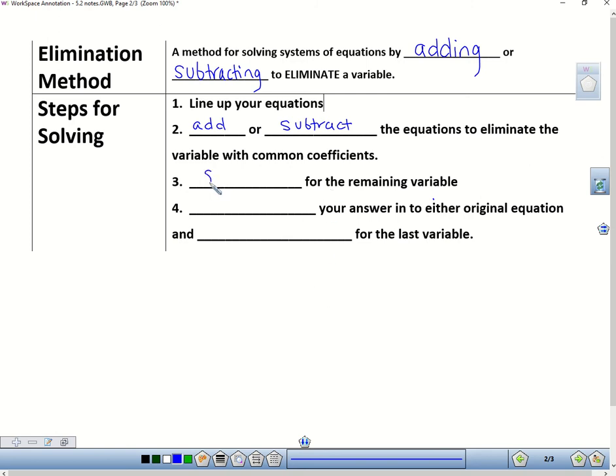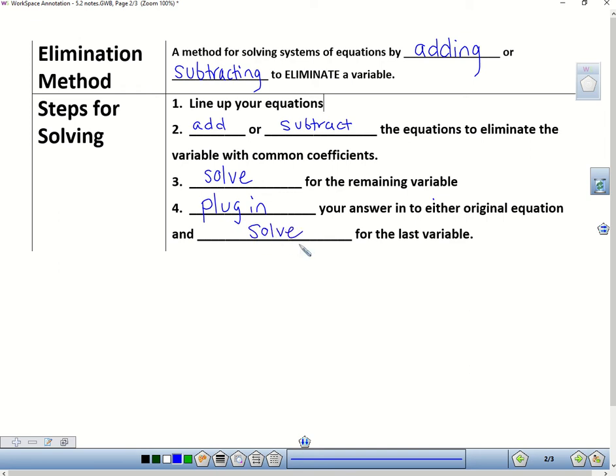Your goal will then be to solve for the remaining variable, and you're then going to plug in your answer into either one of the original equations or the adapted one. Either one will work. And then your goal will be to solve for the last variable.